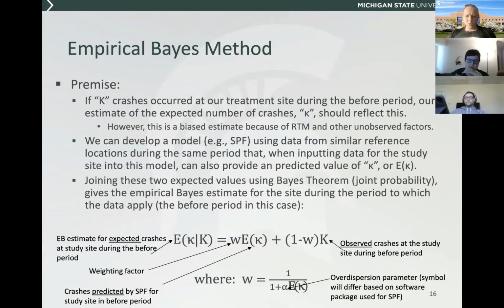Okay. So hopefully, I think that's critical, and that's a point that's not particularly well explained. Like in the HSM, it doesn't outline any justification for why. It just kind of shows what the equations are. And so I think that's a point that's often lost on particularly the practitioner community. It kind of turns into like a black box. But if you understand that, I think it helps you to think through procedurally how the EB method works in essence.